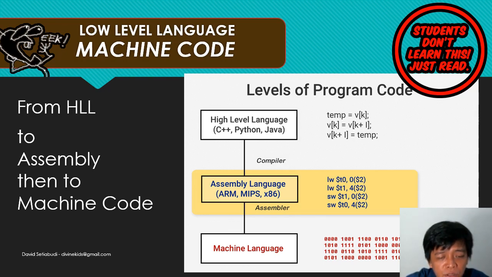Okay, you see, this is the same code, but it's written in a different language. This one is using assembly language. See this one? LW $t0, 0($2). It's even harder to understand. And machine language, you see 000, 1001, 1100, 0110. This one is completely machine language.